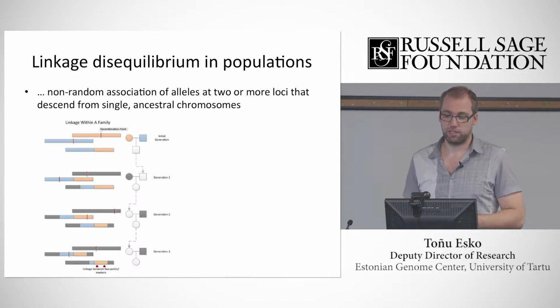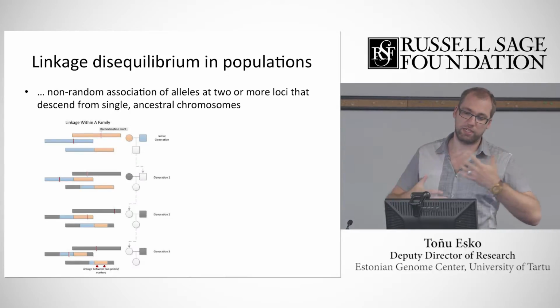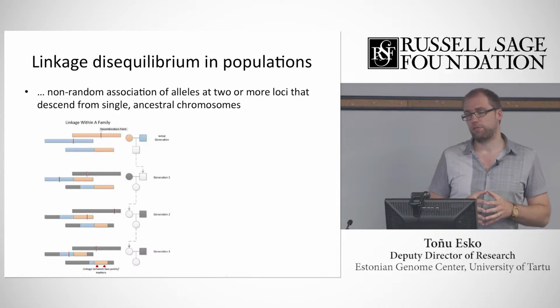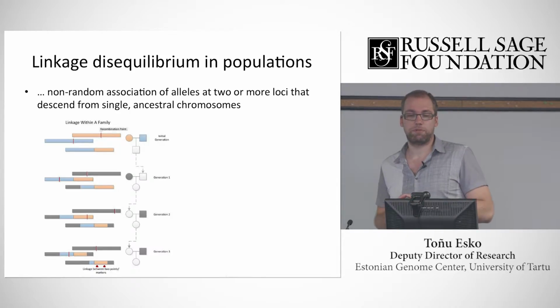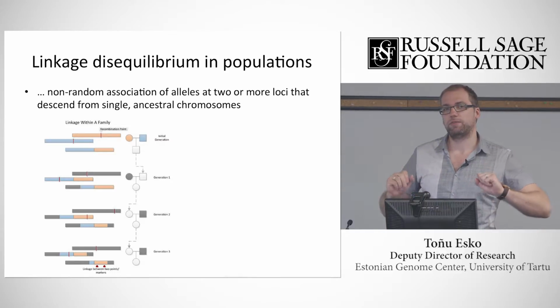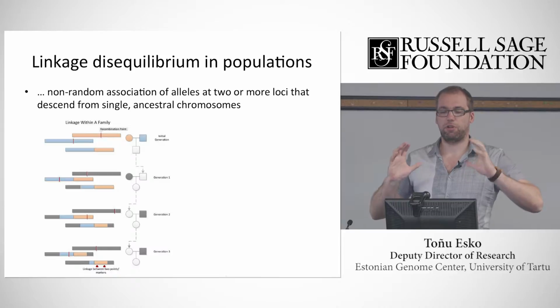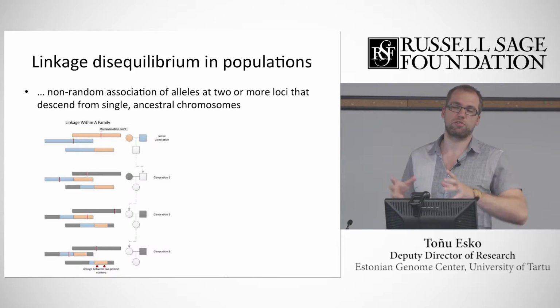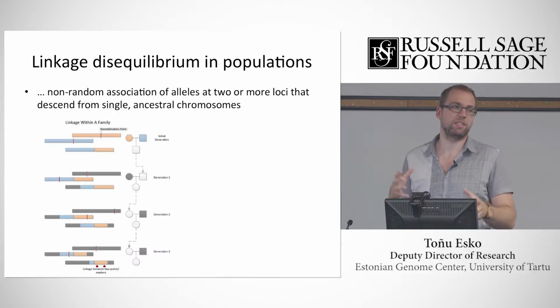And for this linkage disequilibrium, the genome, these 3.3 billion base pairs, can be roughly divided into 1 million blocks, what we call haploblocks. And those 1 million haploblocks are independent.